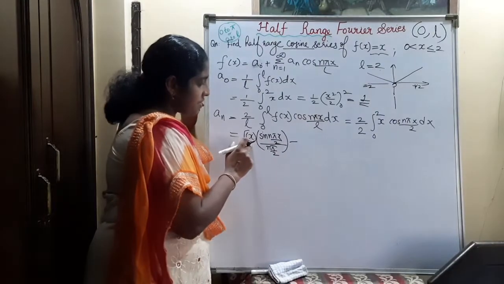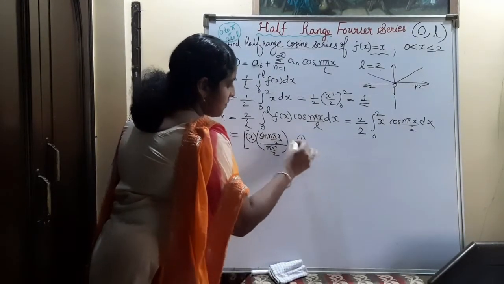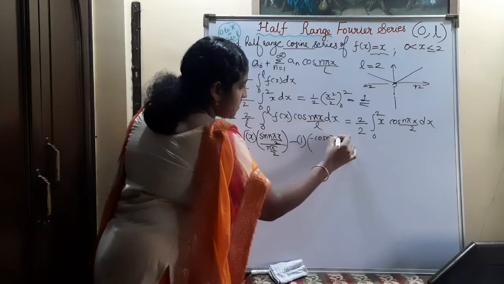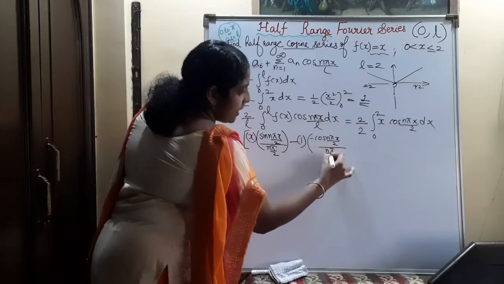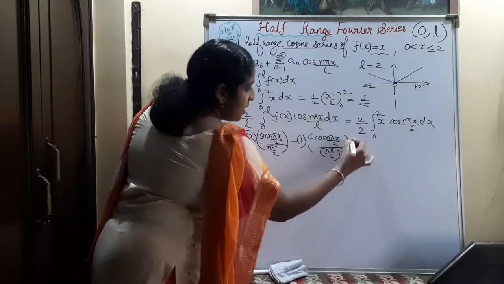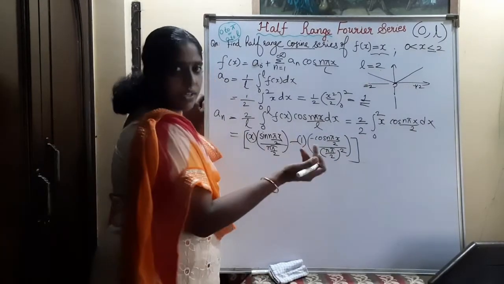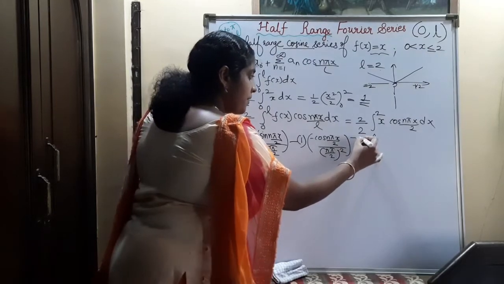So here, first function into integral of second, minus the derivative, that is x's derivative is 1, into the integral of this, that is minus cos n pi x by 2 divided by, already n pi by 2 is there, so n pi by 2 all square. Next, if you are taking one more derivative, the differentiation of 1 is 0, so till this point only we have to integrate.